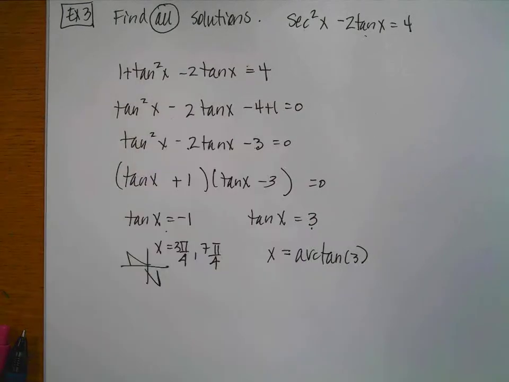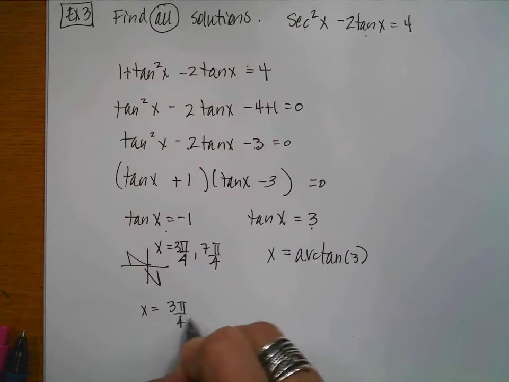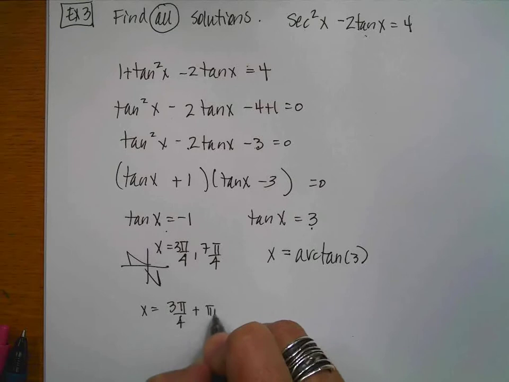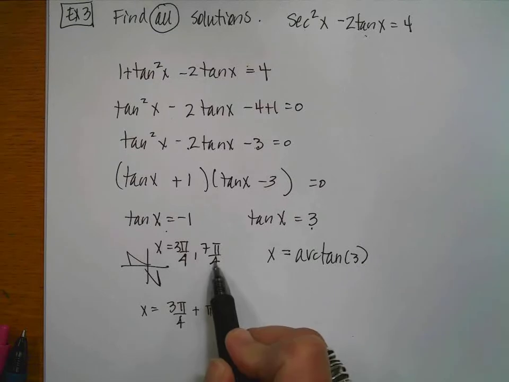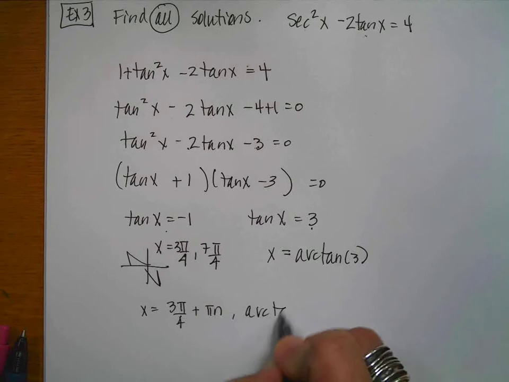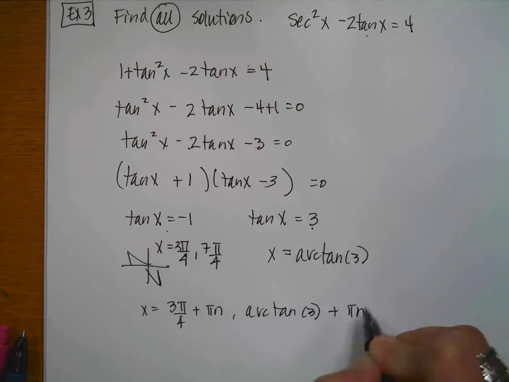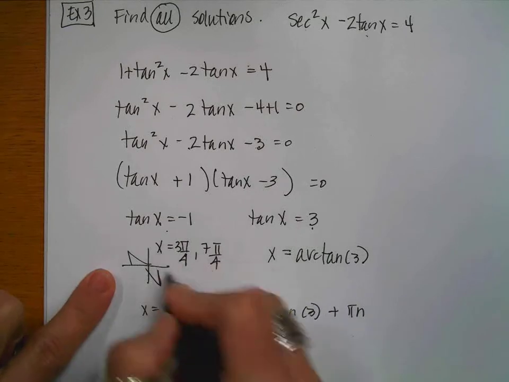And then because these all say find all solutions, I'm going to write x is equal to 3 pi over 4 plus pi n. I'll talk about why I'm not listing this one in a moment. And then the arc tangent of 3, and then plus pi n.